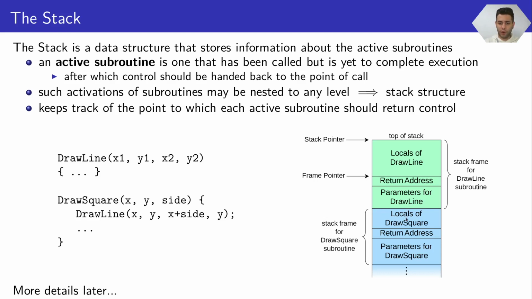Here we have the locals of draw line, none at the moment, the return address of draw line, and then the parameters of draw square. Here we will have x, y, and side. Okay, this was just a very first introduction. We will see more details later.